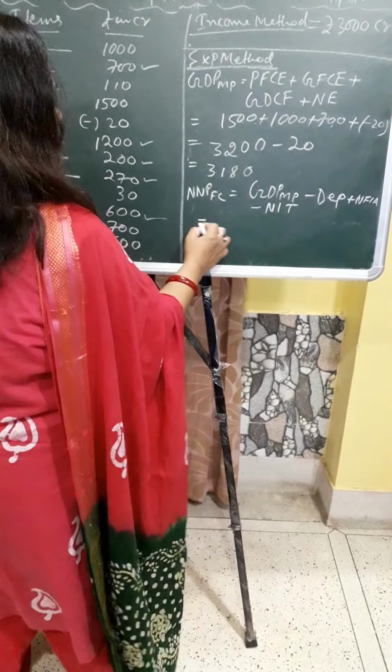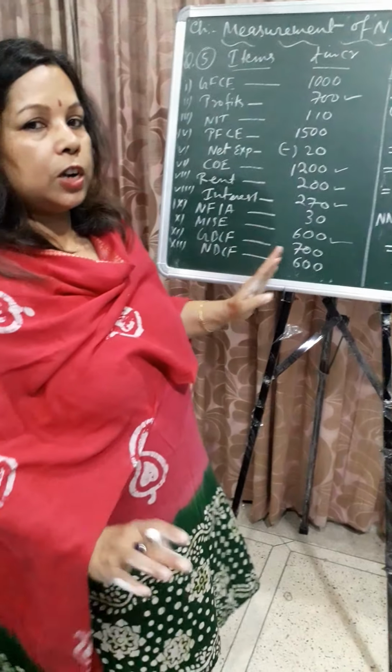So GDP MP 3180 minus depreciation. One thing you see: the value of depreciation is not given here.